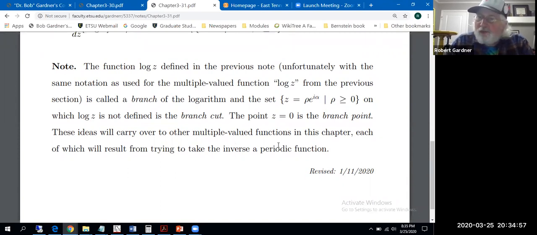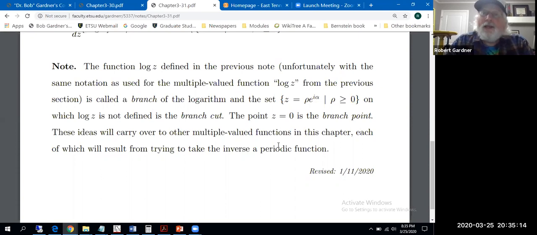The other multiple valued functions are square root functions and cube root functions and fourth root functions. As I mentioned at the end of the previous section, we've calculated square roots, but we haven't had a square root function. We calculated cube roots, but we didn't have a cube root function.